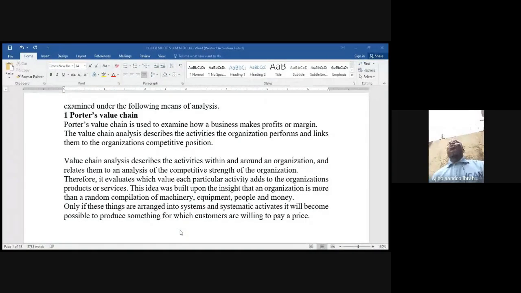That is value. So as value changes, an entity must identify that chain. When you say value chain, what is the idea behind it? Value chain is a combination of various activities in an entity, combined with the entity's competitive strength.